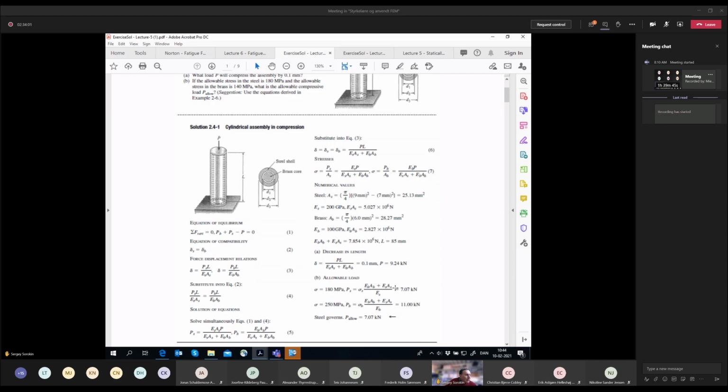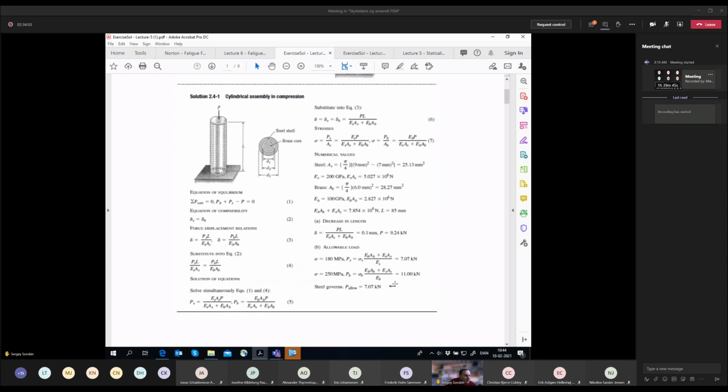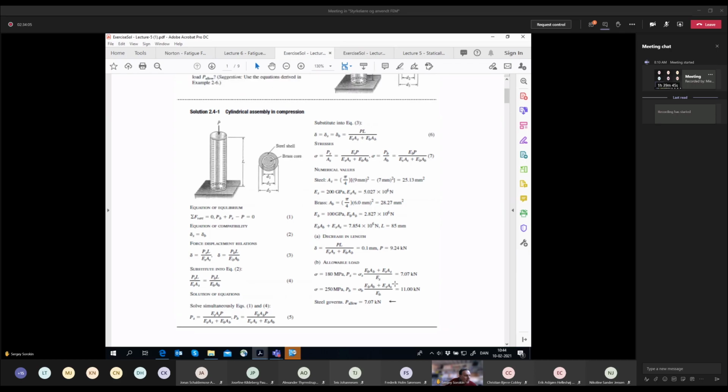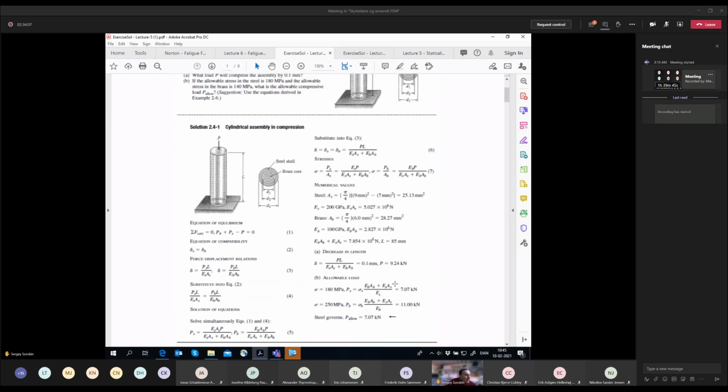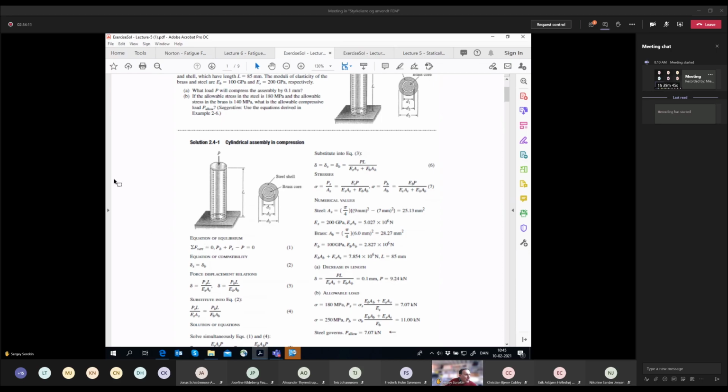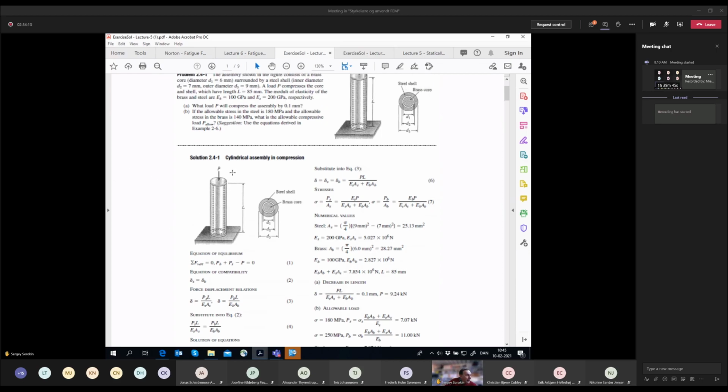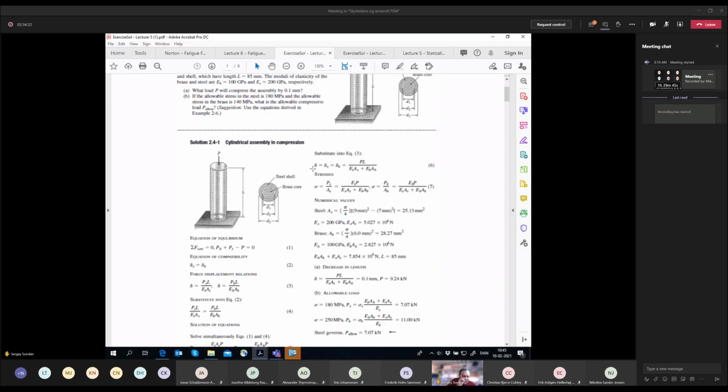So probably the simplest thing will be, if you take your pencil, just cross out this statement, and in brass it's 140, and instead put 250. Then it will be consistent.